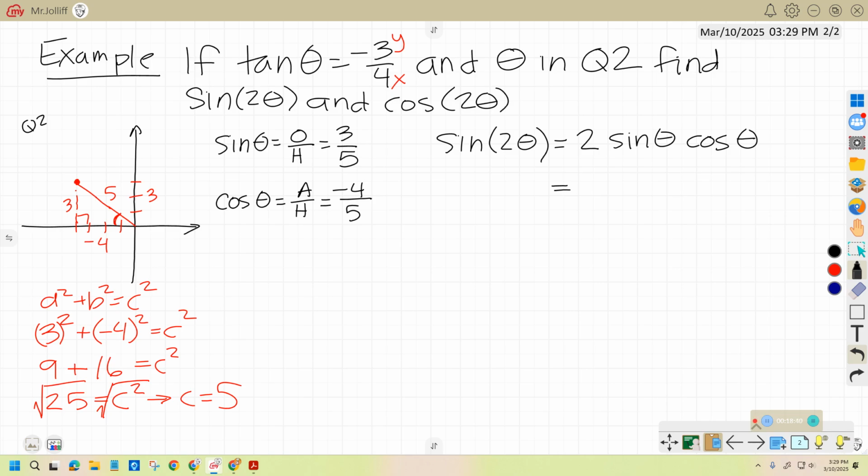I know sine and cos are both fractions, so I'm going to have 2 times a fraction times a fraction. I'm just going to pull the fractions for the appropriate trig functions. What was sine theta equal to? 3 over 5. What was cosine theta equal to? Minus 4 over 5.